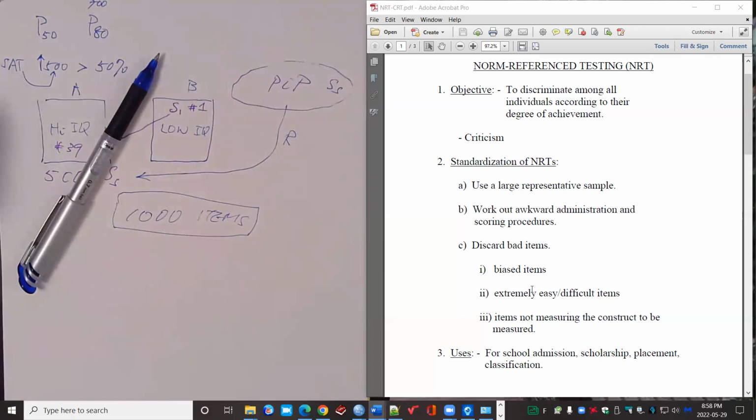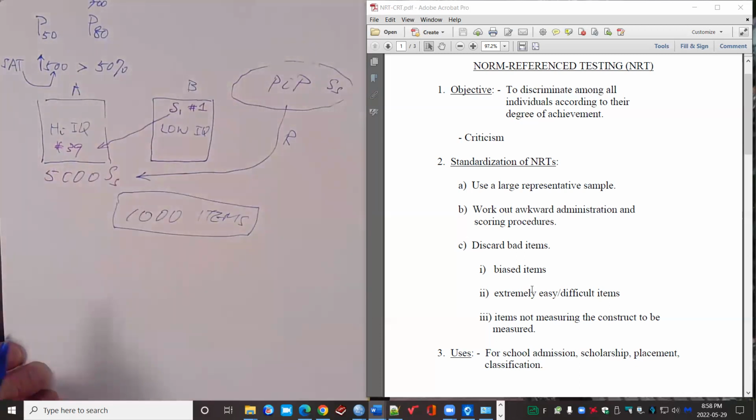Extremely easy or difficult items: if everyone could get this item correct, or a difficult item where no one could answer it correctly, then these two types of items don't discriminate among this group.